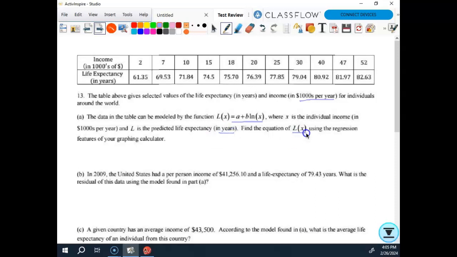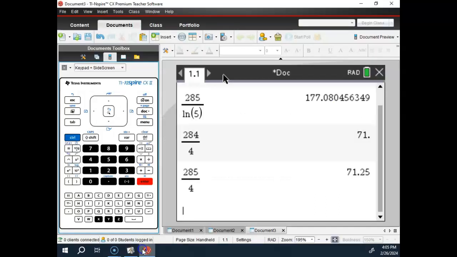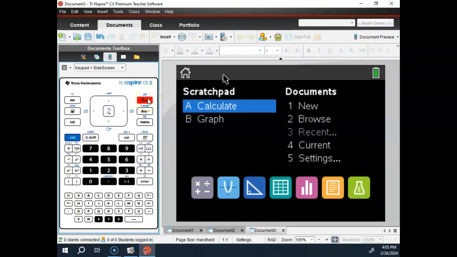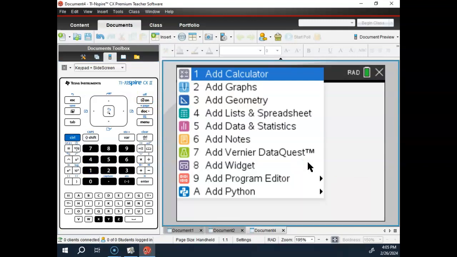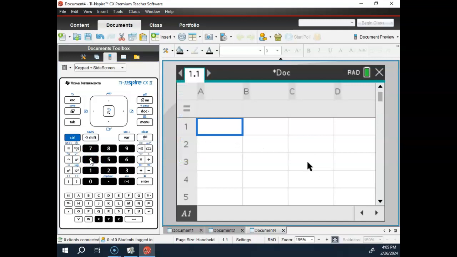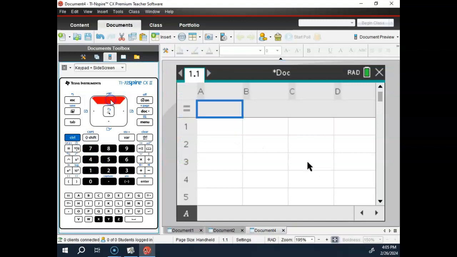Find the equation L of x using the regression features on your graphing calculator. All right, so that means we're going to the calculator. We hit on. We want new. We want no. We are doing regression, so we are adding lists and spreadsheets. Go up and hit X, and then go ahead and type all this in.